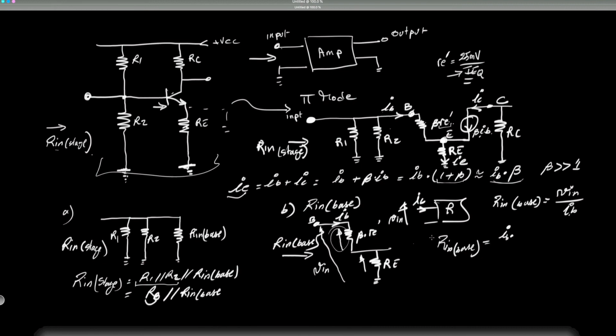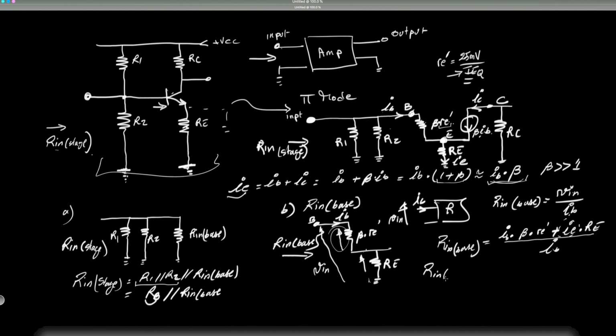That's this voltage drop here, beta times Re prime, plus the voltage drop from here to here. Well, what is that? That's IE times Re. Everything divided by IB. Well, wait a minute. Don't we have IE here? Didn't we calculate that? Yep, we did. Let's go ahead and do that here.